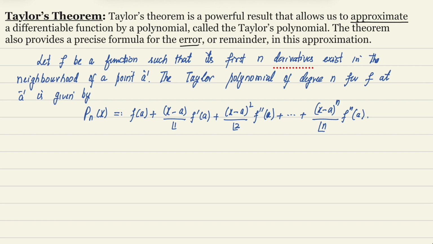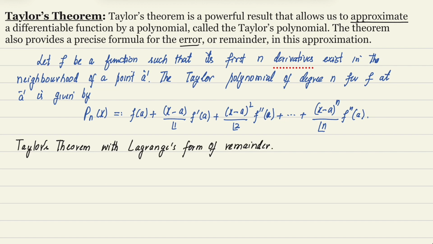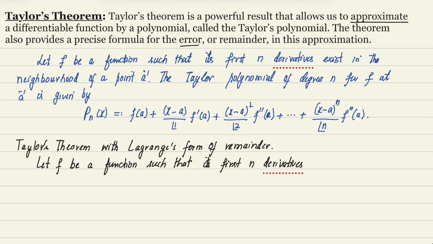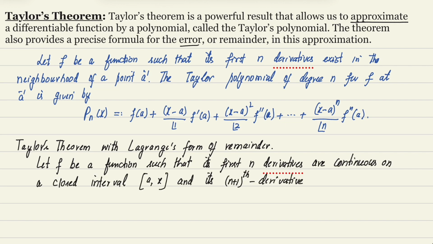Now let's mention Taylor's theorem with Lagrange's form of remainder. The statement of the theorem goes like this. Let f be a function such that its first n derivatives are continuous on a closed interval [a, x], and its (n plus 1)th derivative exists on the open interval (a, x).